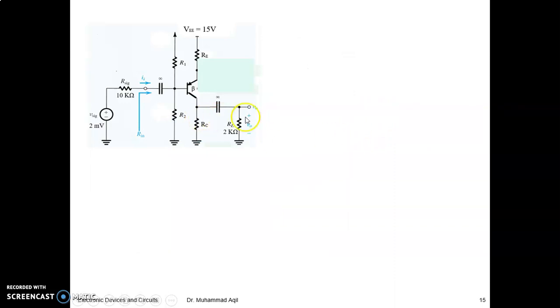Consider this amplifier. In which configuration has this amplifier been configured? Can you say something? You can see you have your input applied at the base and your output is collected at the collector. So this is a common emitter amplifier for the PNP transistor.